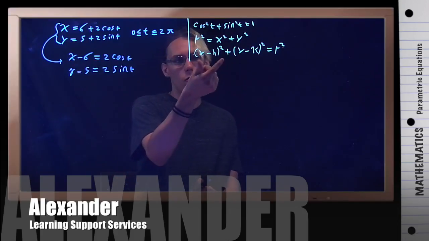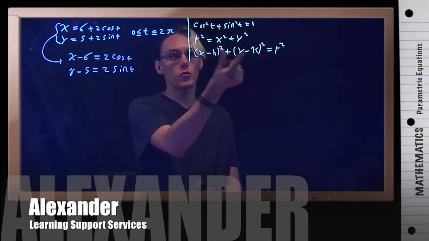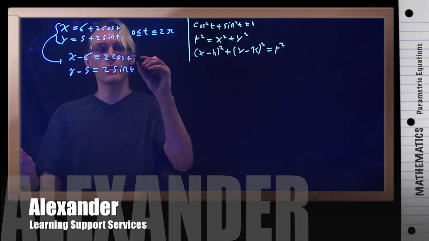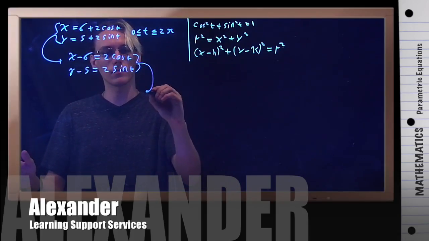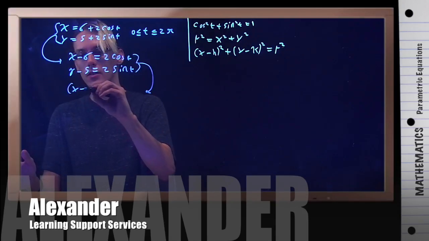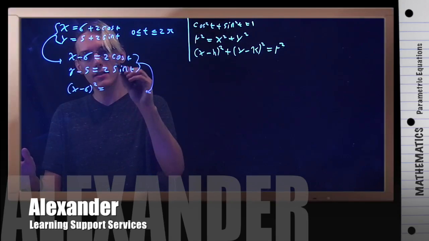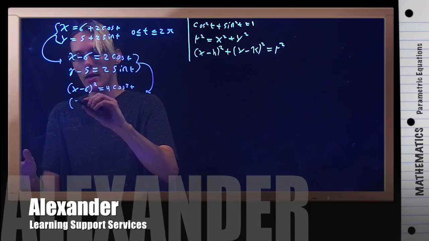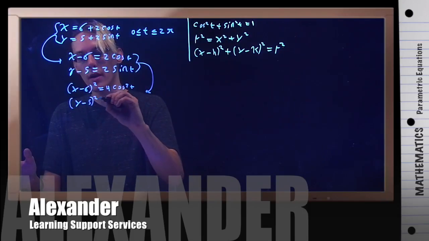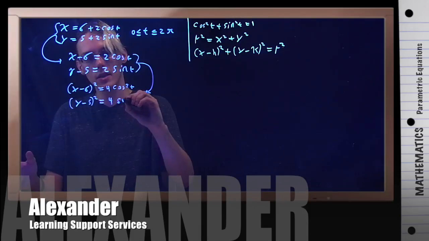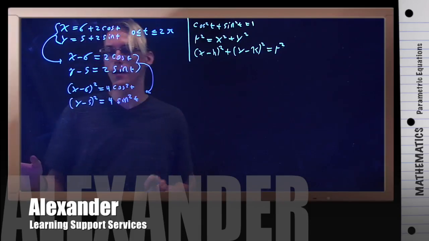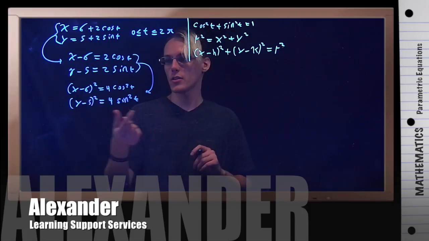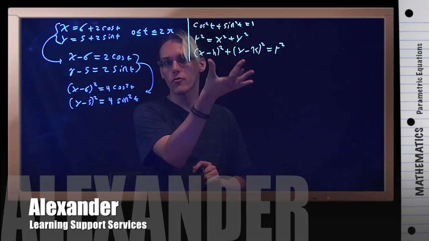Well, what I have in the circle equation is that these are squared, so let me square both sides of each of these equations. So if I do that, x minus 6 squared is equal to 4 cosine squared, and y minus 5 squared is equal to 4 sine squared of t. So far so good. Now notice if I simply add these equations, I will have what looks like the form of a circle.